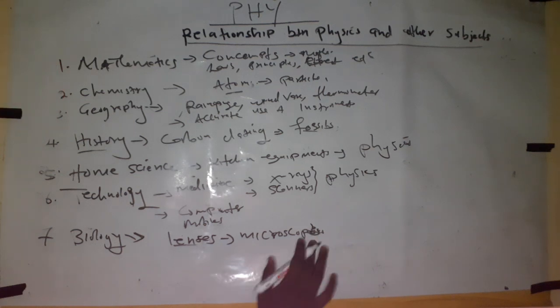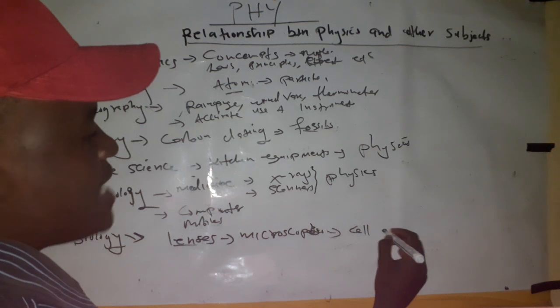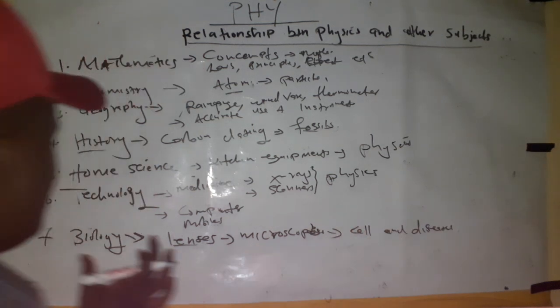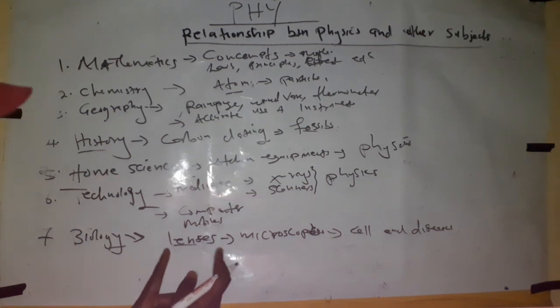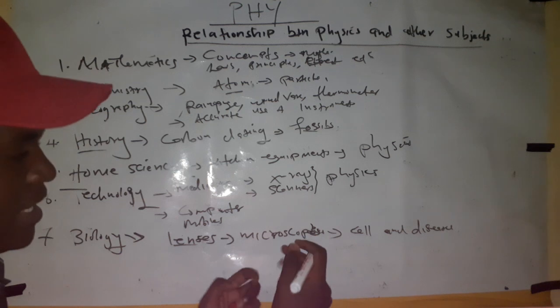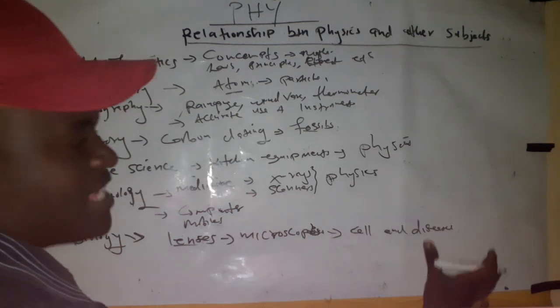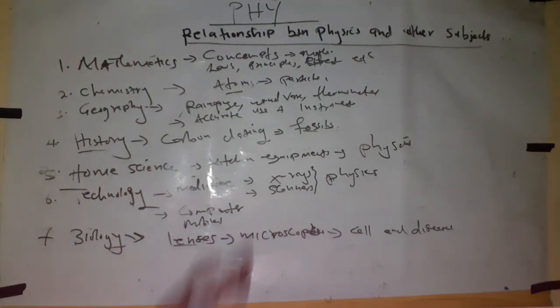Then these microscopes are used in the study of the cell and diseases, which are normally studied in biology. I want you to get that connection clearly. So you see how physics is related to different subjects.